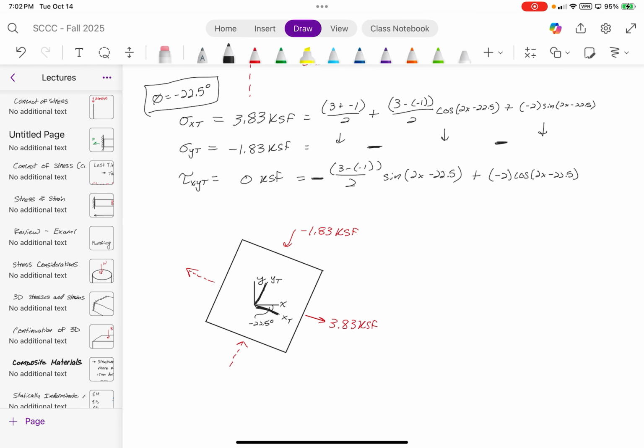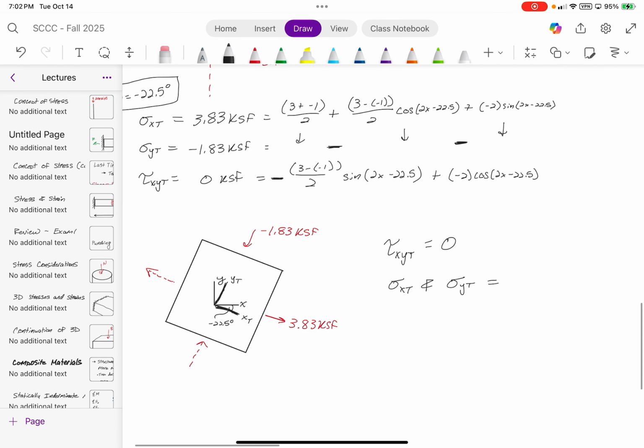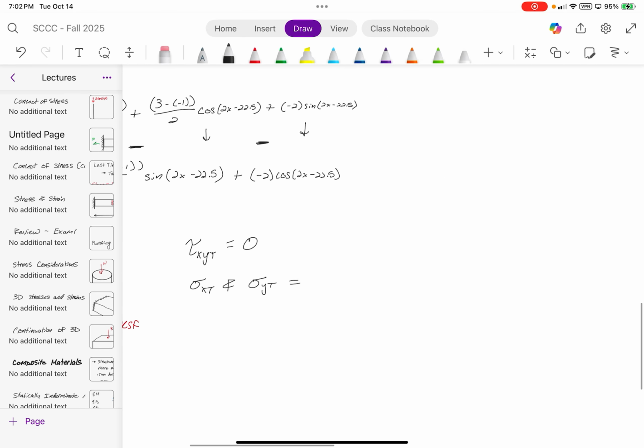The reason why this is important is because of the fact that there is no shear stress. And when we have a state like this, when tau xy t is equal to 0, it means that sigma xt and sigma yt are equal to what we call principal stresses.